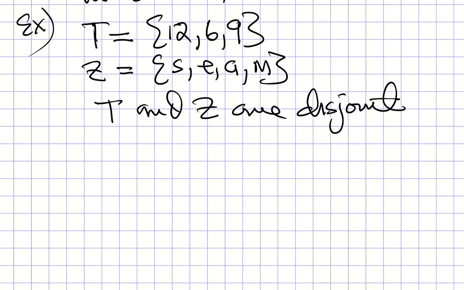Why? They are disjoint sets because they have nothing in common.